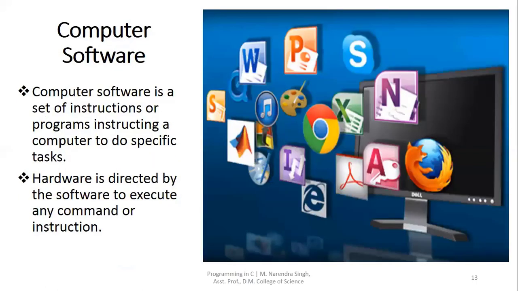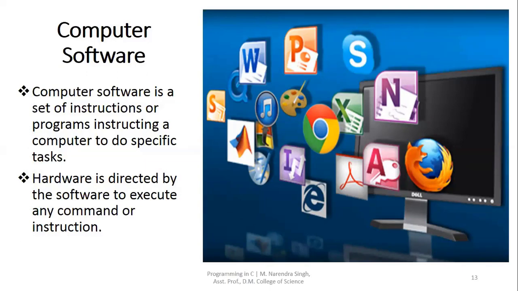Then, what is computer software? Computer software is those parts inside the computer which we cannot touch physically. These reside inside a computer. These are the set of instructions or programs instructing the computer to do certain tasks, certain work by us.